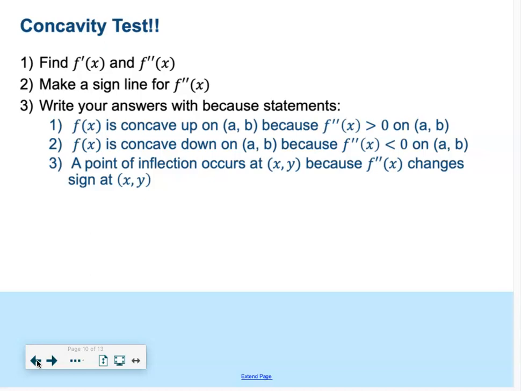There are some abbreviations that I didn't put in these statements that I will show you when we do the next problem, so you can see how you can abbreviate.